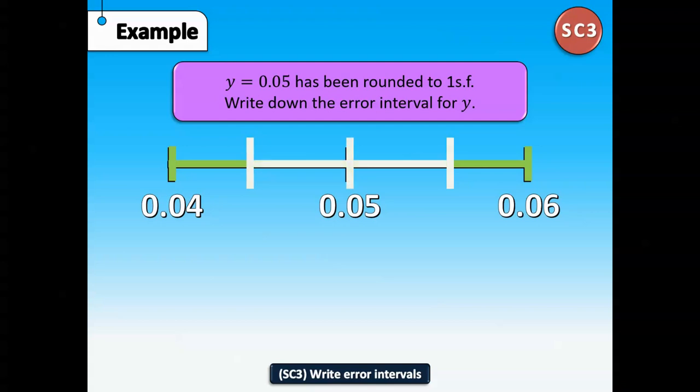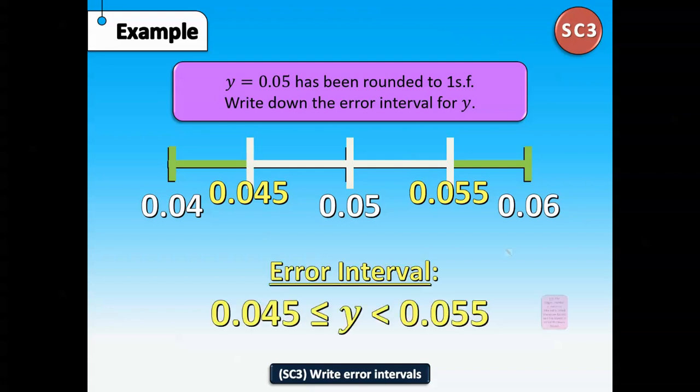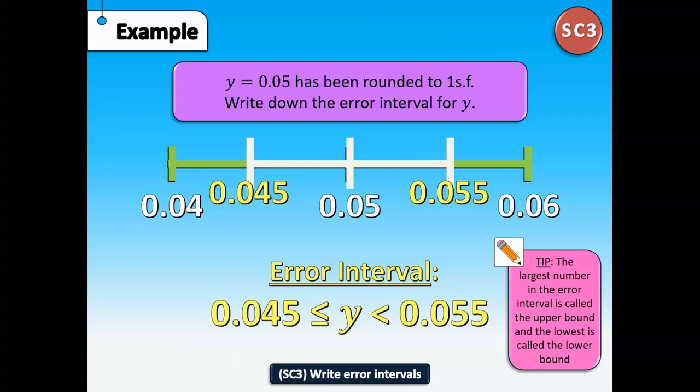Now y must have been any number in between here, in between 0.045, but including 0.045, but it needed to have been less than 0.055. So the error interval is 0.045 is less than or equal to y, which is less than 0.055.